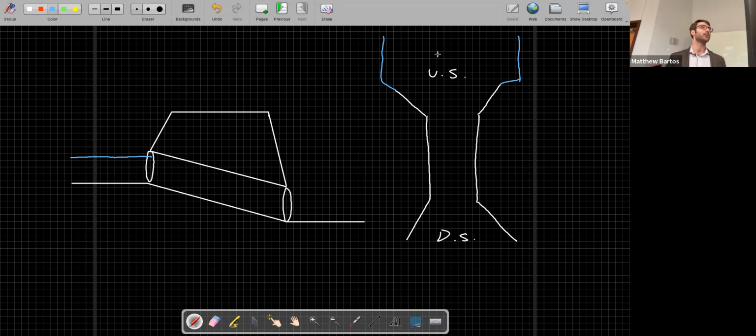And let's say the water at the upstream end is subcritical. What's going to happen when that water undergoes a smooth constriction in width? Think back to homework 1. What's going to happen to the water surface as it approaches a smooth constriction in width, assuming that it's subcritical at the upstream side?